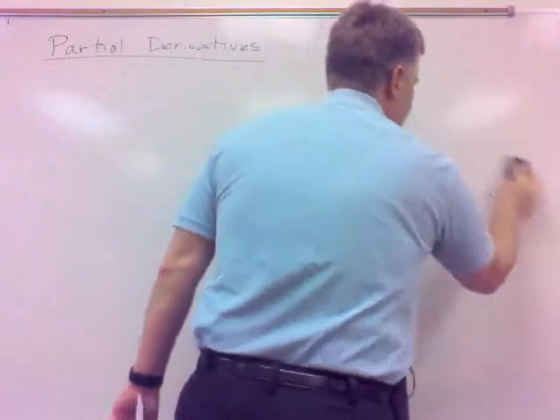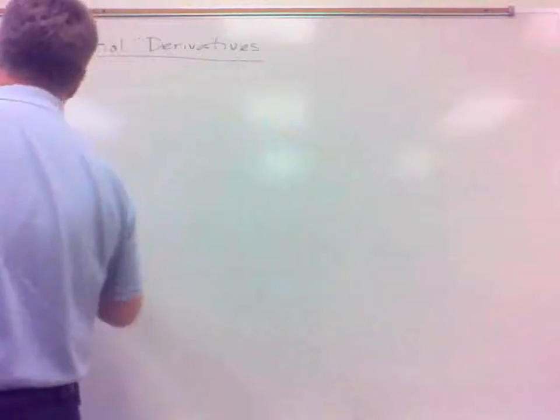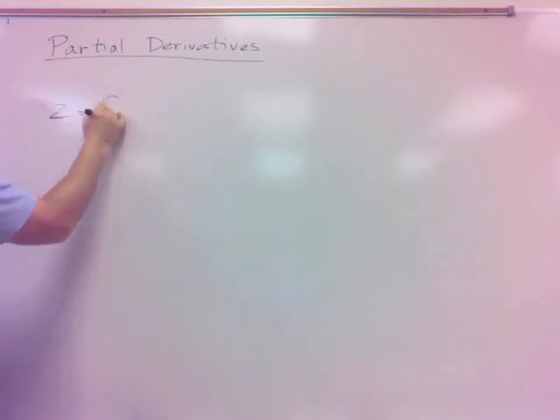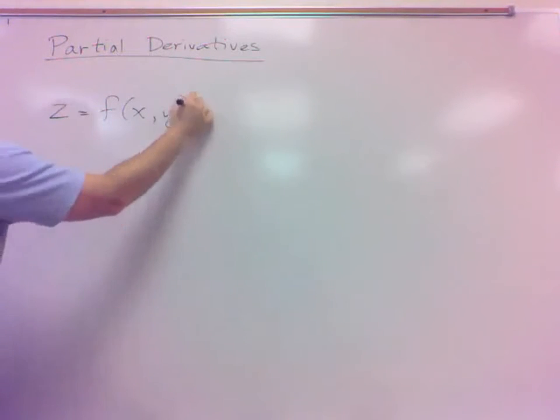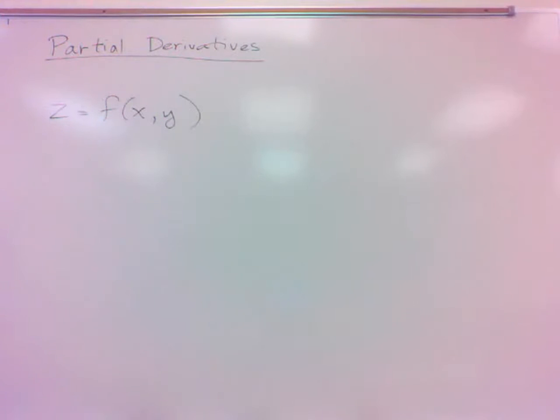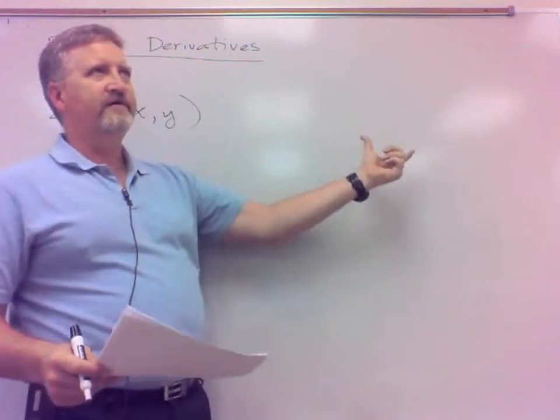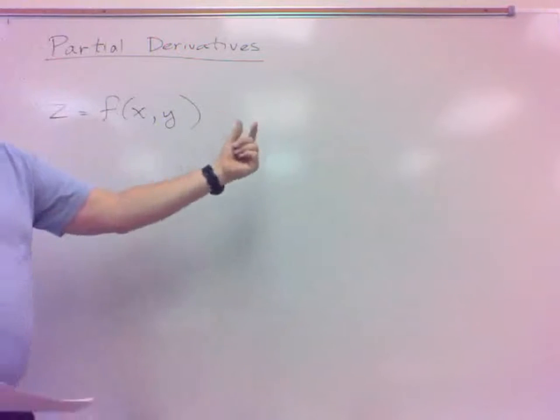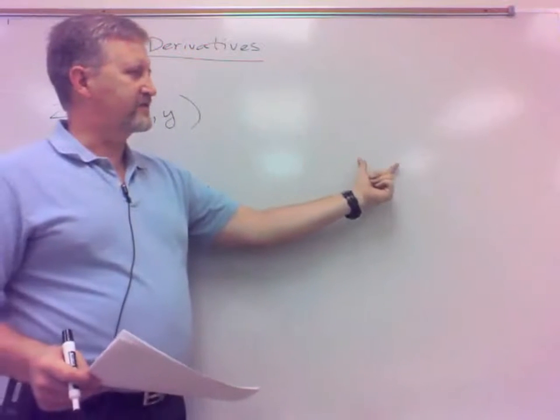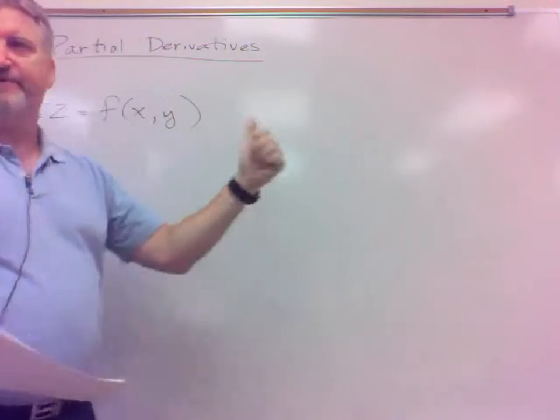Well, the problem comes when we go to two variable functions, z equals a function of two variables. It gets a little more complicated, right? Because on a single variable, we're seeing how much the x changes, or if we change the x just a little bit, how much does the output, the y, change?